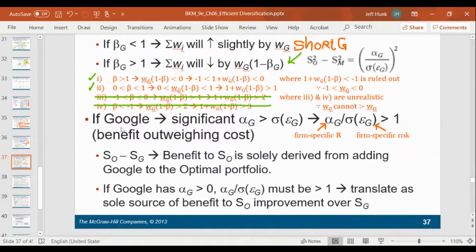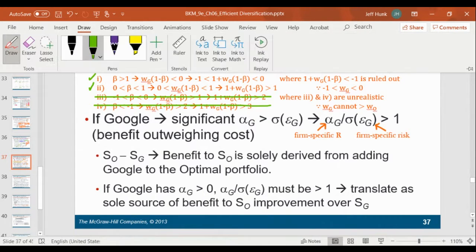So if adding Google leads to a significant information ratio that is greater than 1, that simply means benefit outweighs cost.